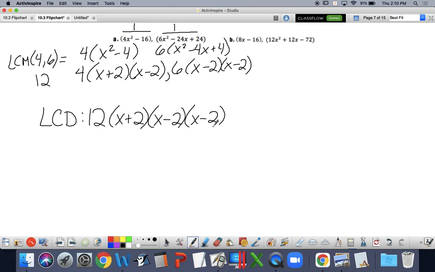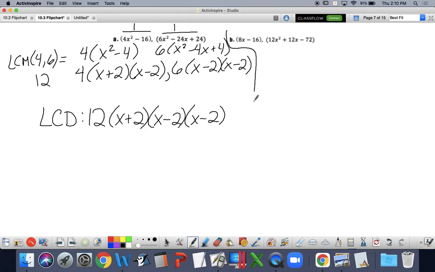Now I have made sure to represent every single fraction in my least common denominator. That's a big one. If you want to rewrite this as the quantity x minus 2 squared, go right ahead. Questions on how we got that? Sometimes finding the least common denominator is the hardest part of this whole thing.